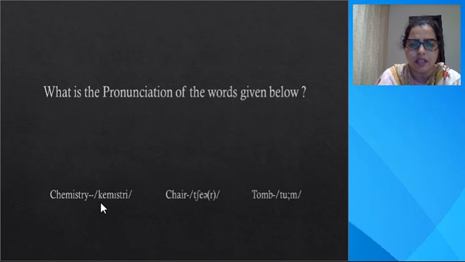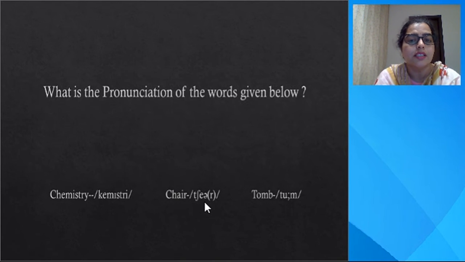For example, this is a symbol for ka, this is a symbol for a, this is a symbol for ma, this is a symbol for e, this is a symbol for sa, this is a symbol for ta, this is a symbol for ra, and this is a symbol for e. This is a symbol for the cha sound, and this is a symbol for the diphthong ea.